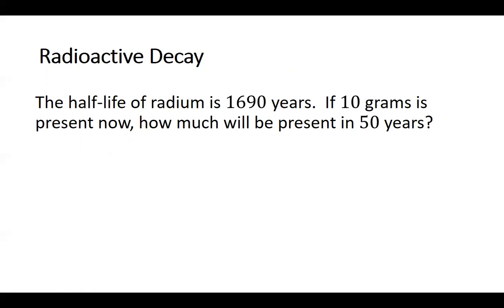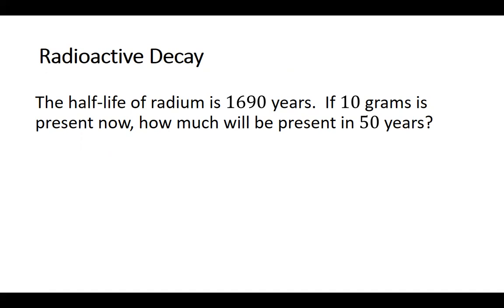So if you say the half-life of radium is 1,690 years, and we start with 10 grams, then in 1,690 years, we will now have 5 grams of radium, half of what we had to start with. So that's what a half-life is.